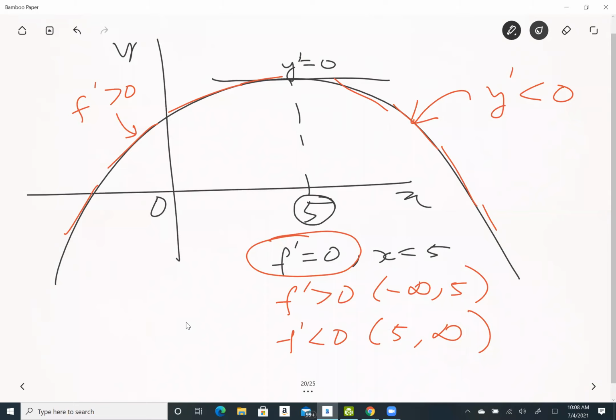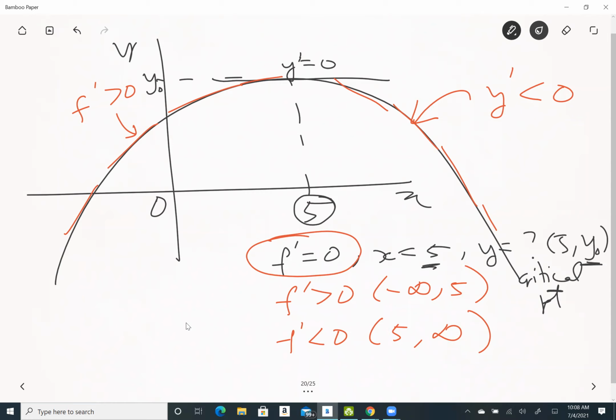At x equal to 5, we find the value of y, call it y0. That is the critical point. Now we don't need the value of y for now, what we need is more of the x.